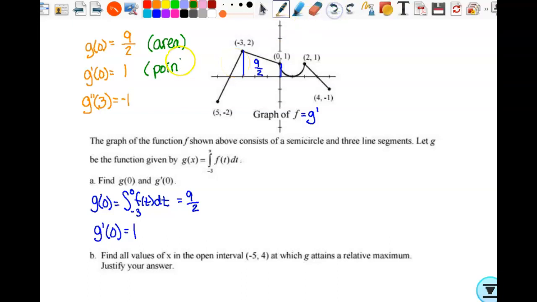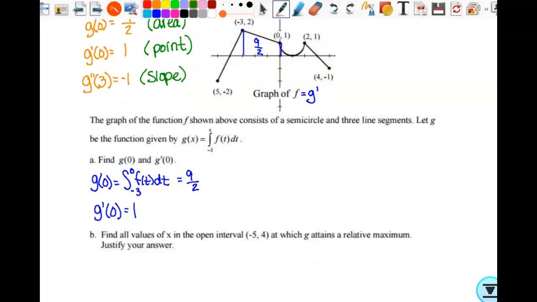And then what do we do for this? Slope. So this is how these three things are related when you have a function defined by an integral: the function itself, you find area; the derivative is a point; and the double prime is a slope. Make sense? We good? Okay.